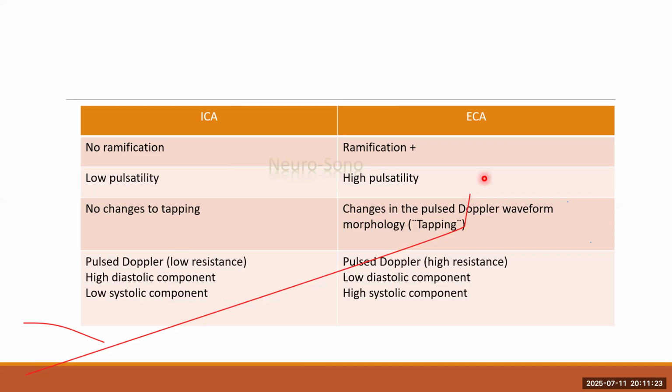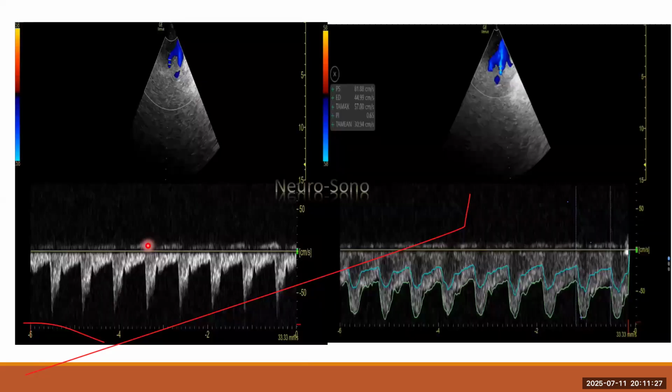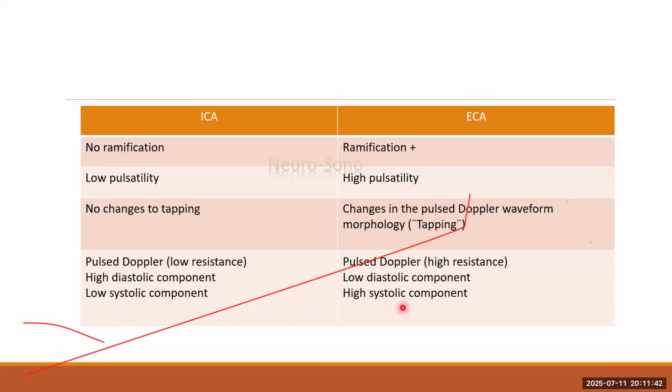Whereas in contrast, ECA has a low diastolic component and a high systolic component. Again, going back to this picture, here we see ECA has a high systolic, whereas ICA has a low systolic, and ECA has a low diastolic, whereas ICA has a high diastolic. Again, the pulsatility index, we will go into the intricacies of it further.